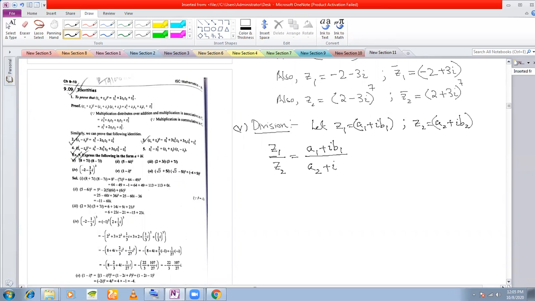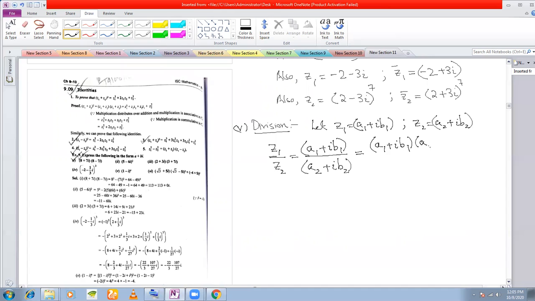Okay. Because you will be carrying out this process with normal complex numbers also. So you have z1 by z2 is equal to a1 plus ib1 by a2 plus ib2. Now in order to find this in terms of a plus ib, you multiply the numerator and denominator by the conjugate of the denominator.